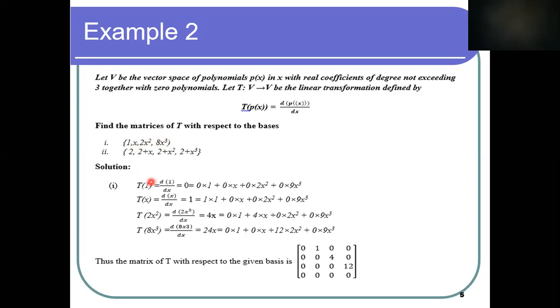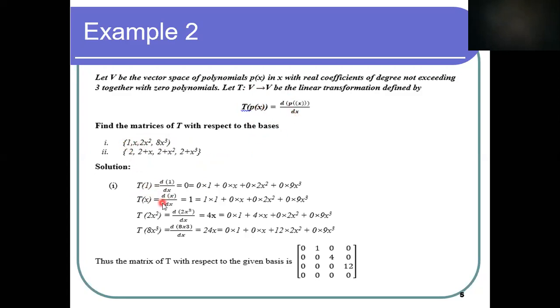In the first case, the first element of this polynomial space is 1. So the transformation is not from Rn to Rm, it is from polynomial to polynomial.